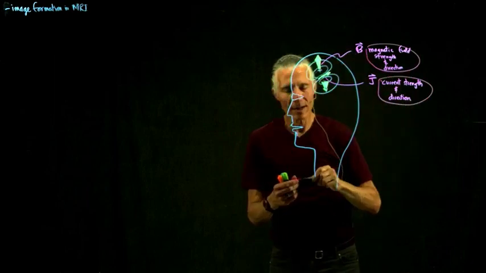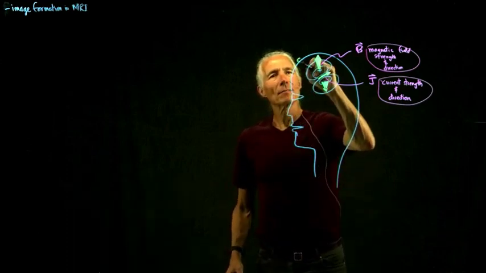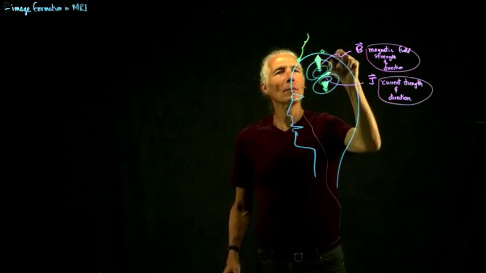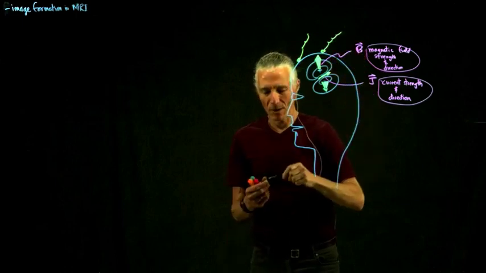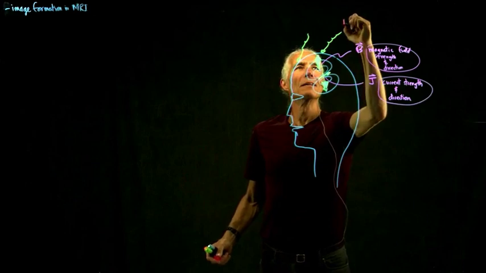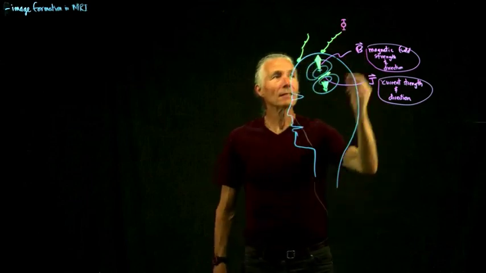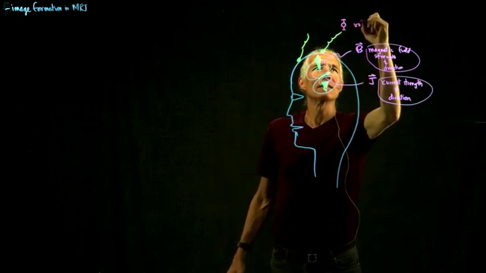But what do you record in EEG? What you record in EEG, you've got some electrodes on the scalp. And what do those record? Those record a capital V. They record the potential or the voltage. So this is the voltage.